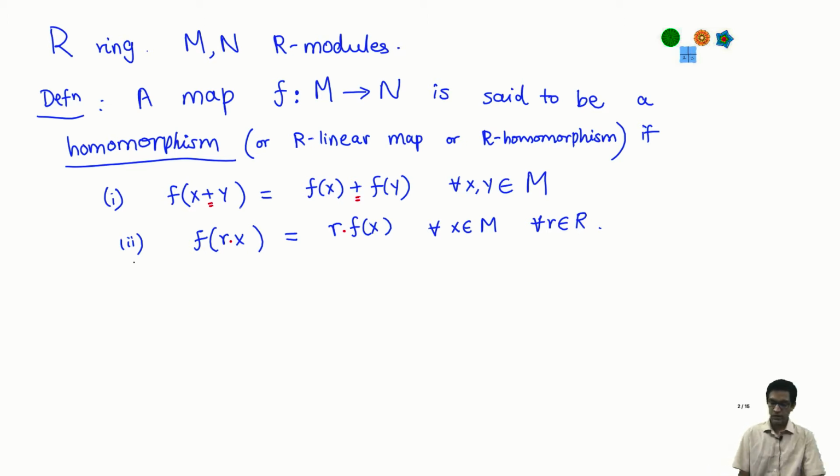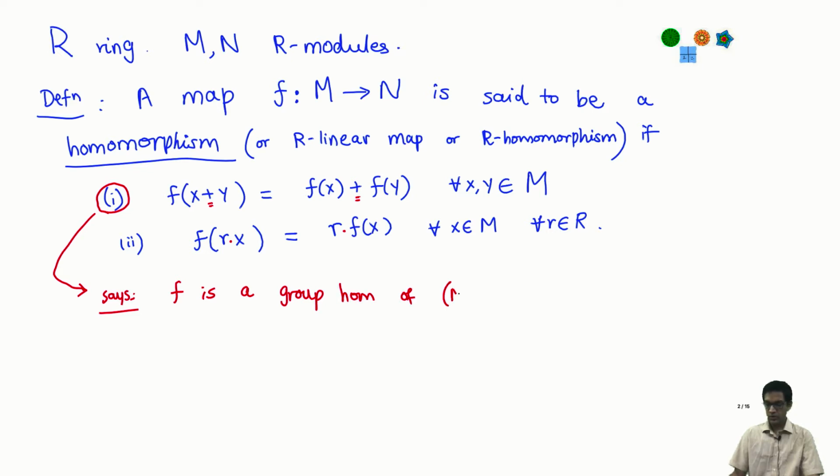Then if you just look at property 1 alone, a homomorphism of R modules is in fact a homomorphism of the underlying abelian groups M and N. So observe that this property 1 says exactly that f is a group homomorphism from the abelian group M plus to the abelian group N plus.